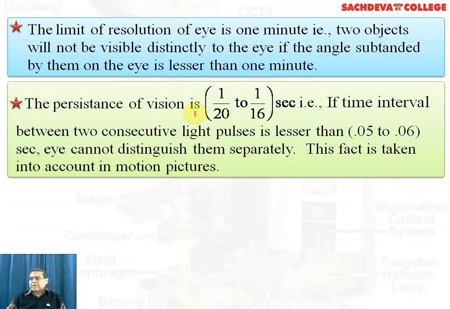That is the tendency of the normal human retina. If the time interval between two consecutive light pulses is lesser than 0.05 to 0.06 seconds, I cannot distinguish them separately. So what exactly we have done? We have divided 1 by 20 to get 0.05 and we have divided 1 by 16 to get 0.06.